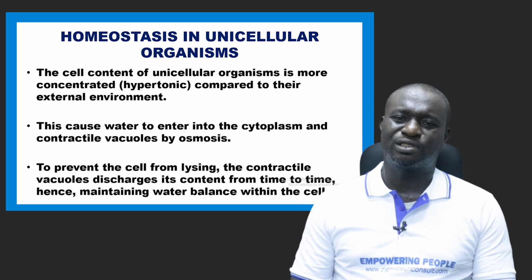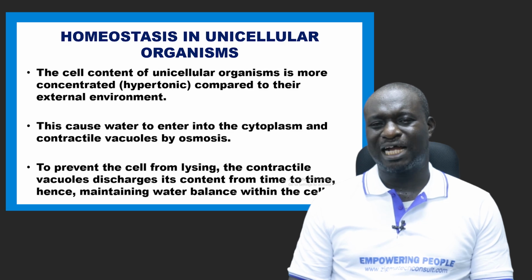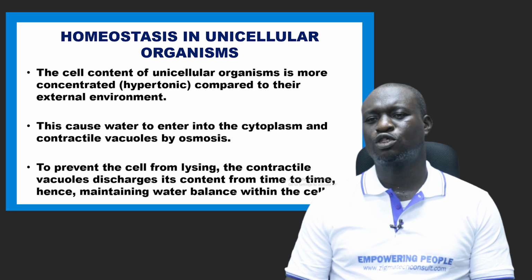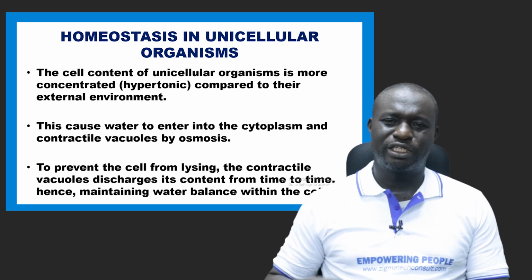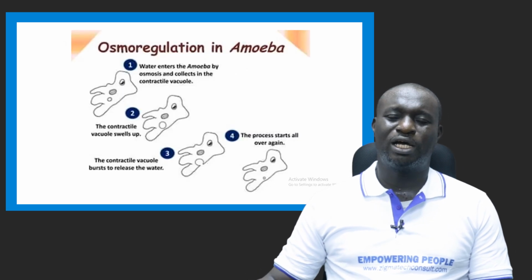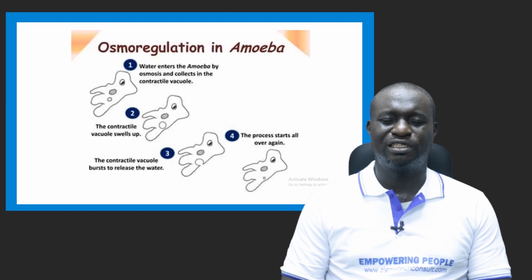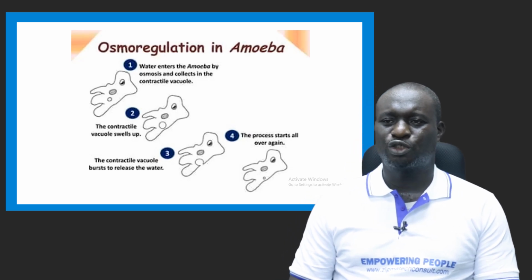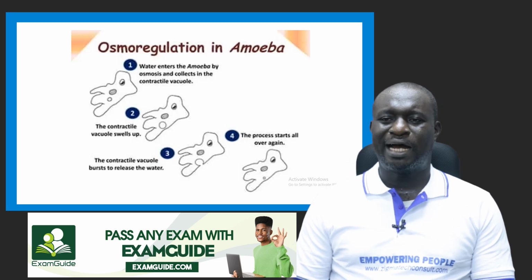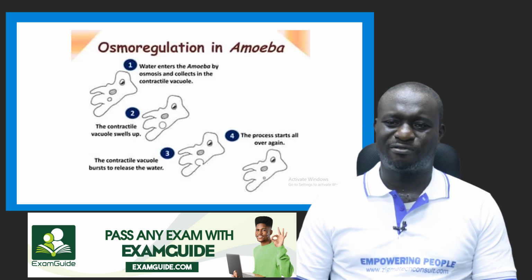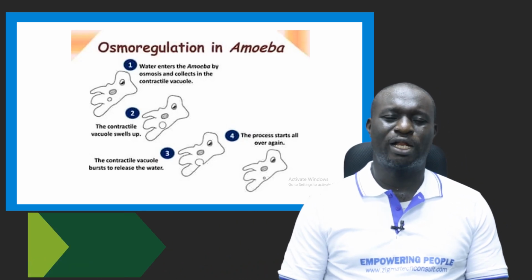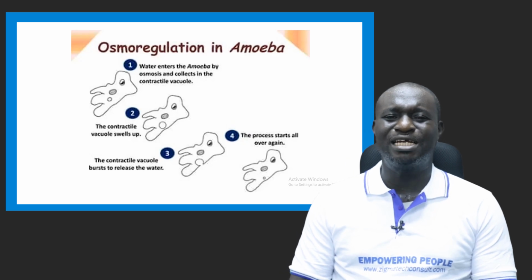So this simply means that the contractile vacuoles are carrying out that process of osmoregulation. So this is osmoregulation in unicellular organisms, or you can say homeostasis in unicellular organisms. As you can see on the screen, we have osmoregulation in amoeba. Step 1: water enters the amoeba by osmosis and collects in the contractile vacuoles. Point 2 says that the contractile vacuoles swell by means of water rushing into them.